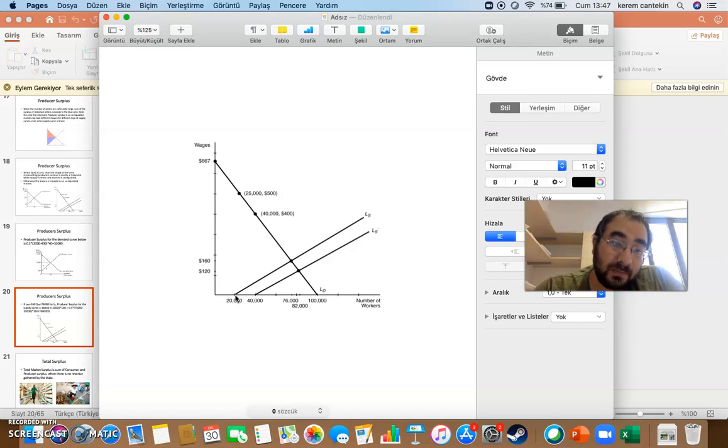So for whatever the reason, 200 units, in this case number of workers, 200 people for example, want to work for free, or 200 units of goods is given for free. However, if you need more than this amount, then you need to pay some money. Otherwise, more people won't work in this case, or more goods won't be supplied.